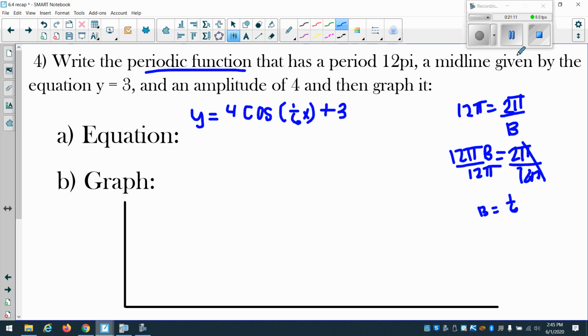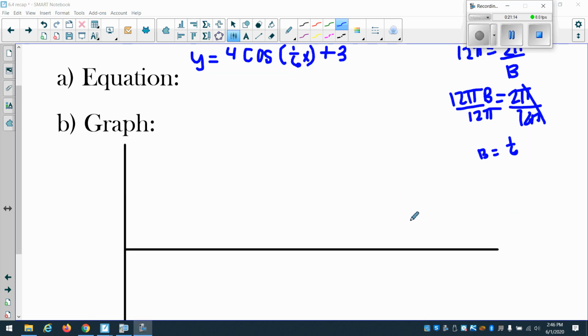So if I was to graph cosine, start with 12 pi here. Half of 12 pi is 6 pi. Half of 6 is 3 pi. 3 times 3 gives me the 9 pi.